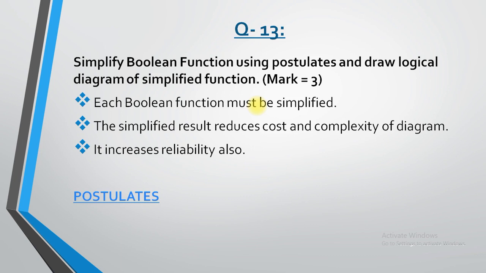It reduces cost and it reduces the complexity of your diagram. Complexity means unnecessary wires and cables are not required. So when you simplify any Boolean function using postulates, it is generally used to draw a simpler circuit. It reduces the cost, it reduces the complexity of the diagram, and as a result you get simplified results, and it increases reliability also.